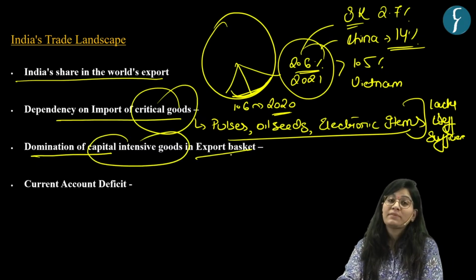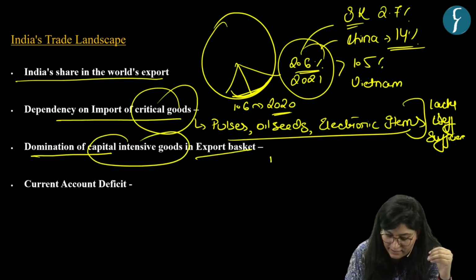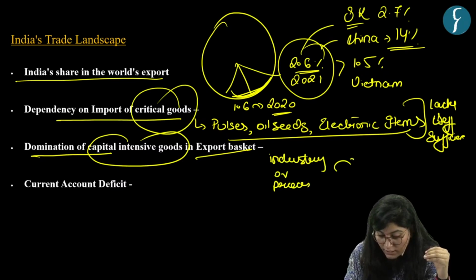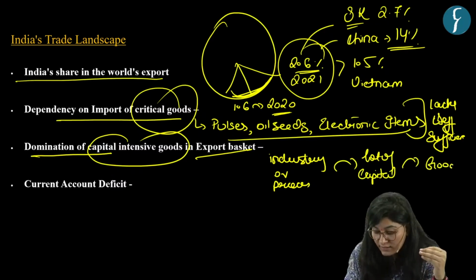Then we have domination of capital intensive goods in the export basket. Now, what do you mean by capital intensive goods? Any industry or process utilizing a lot of capital for production of goods and services.